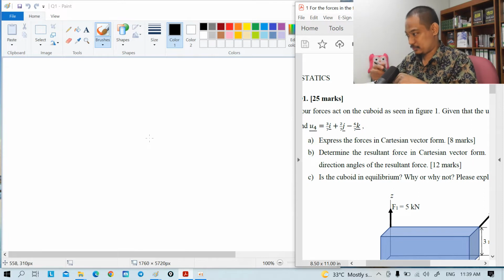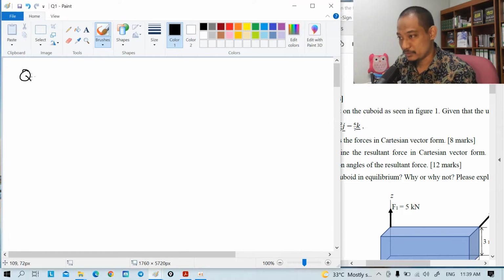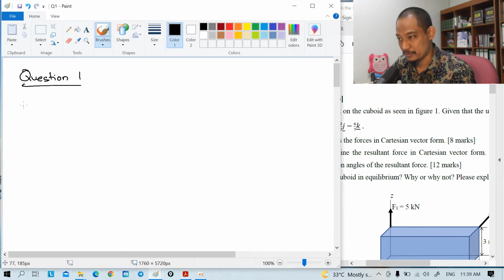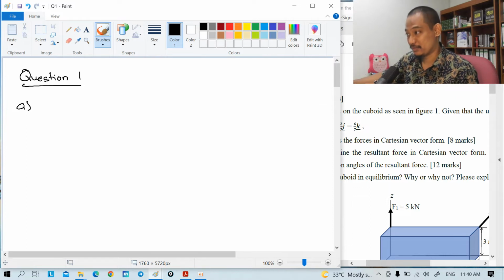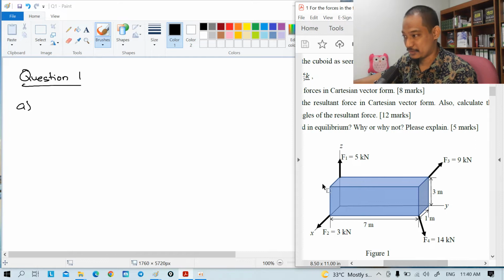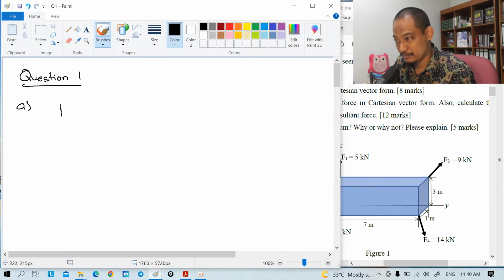Alright, Bismillah. So this is question 1, right? And then part A is express in Cartesian vector form. So we have to express each in Cartesian vector form, right? So for F1, as you can see here, F1 is straightforward, upward. F1 equal to 5 kilonewton.